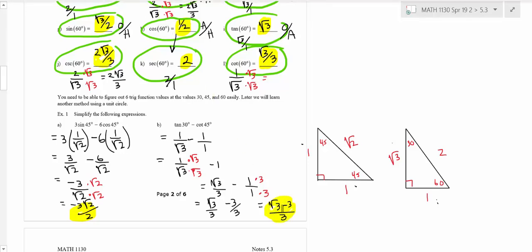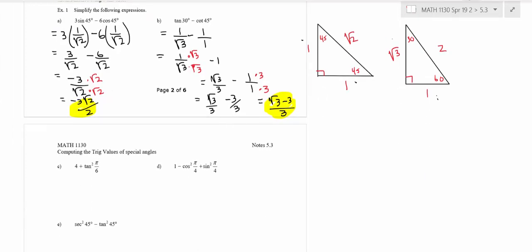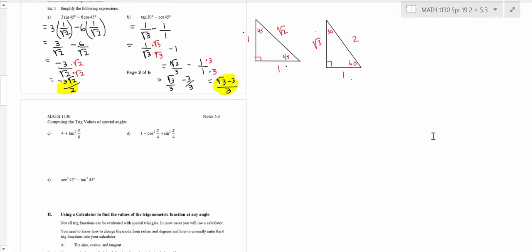You can't get rid of that radical, so that would be the exact answer to that problem. These are just exercises in arithmetic primarily, and working with your special triangles. Let's go to the next page, and we will do the same thing there.